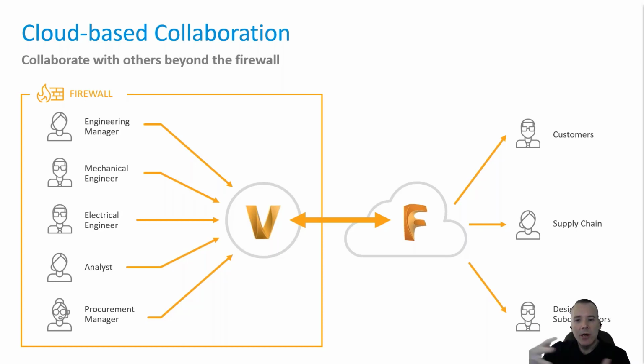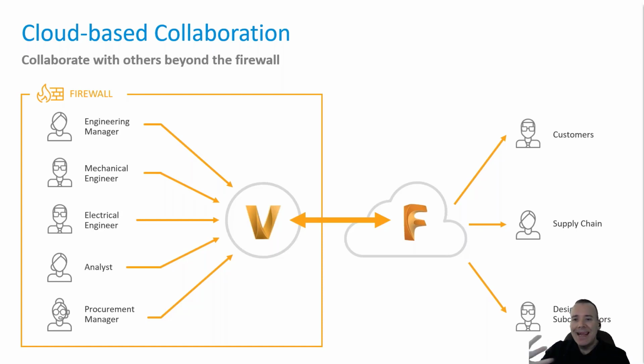But Vault can synchronize that data with the cloud automatically, so that you can still get data to your subcontractors, members of your supply chain, customers where appropriate, so that they can see that data without having to get inside your firewall, which IT is generally not going to allow, right? So you don't need to email anymore, right?